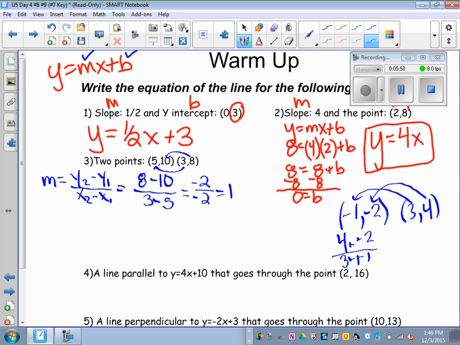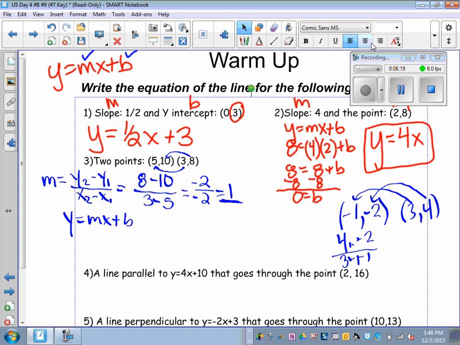Alright, so be careful with that. Alright, so going back to number 3 here. I have my slope is 1. Now we need to find the b value. I need to find my y-intercept. So again, I take my equation, y equals mx plus b, and I take what I have and put it in.